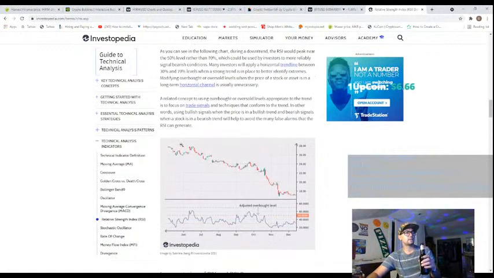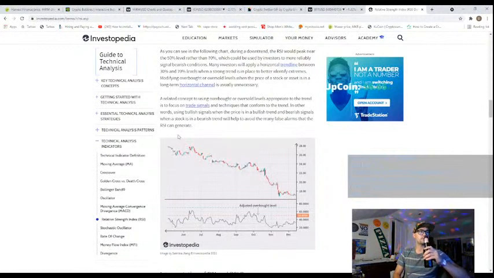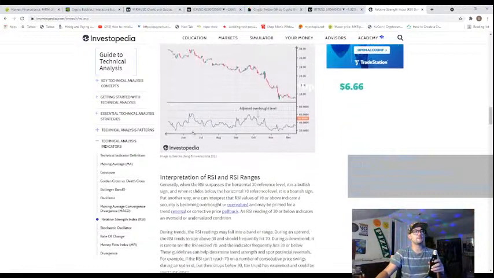A related concept to using overbought or oversold levels appropriate to the trend is to focus on trade signals and techniques that conform to the trend. In other words, using a bullish signal when the price is in a bullish trend and a bearish signal when a stock is in a bearish trend will help to avoid many false alarms the RSI can generate.